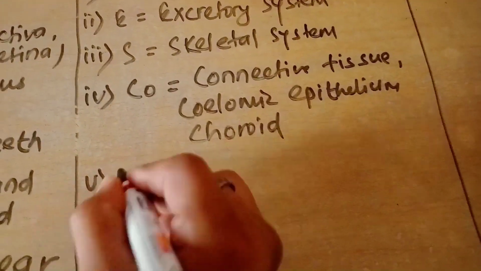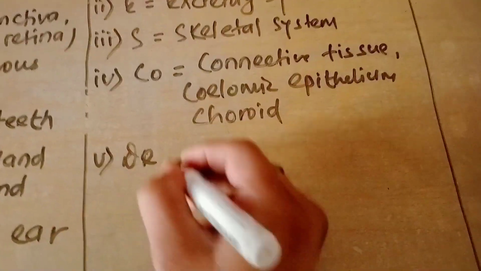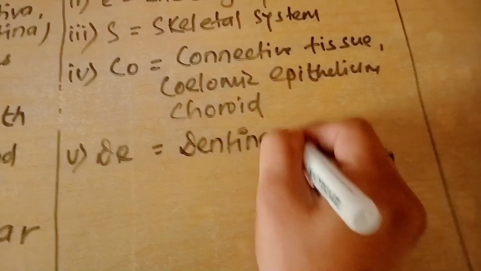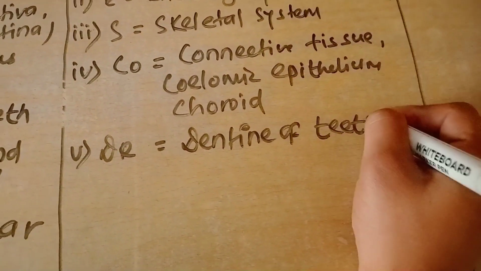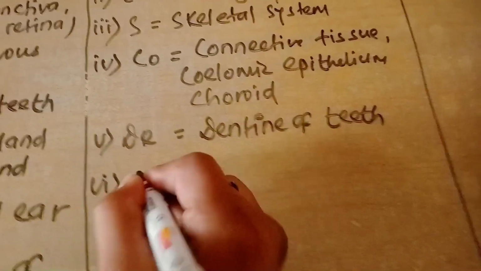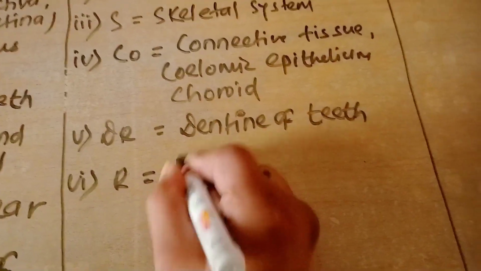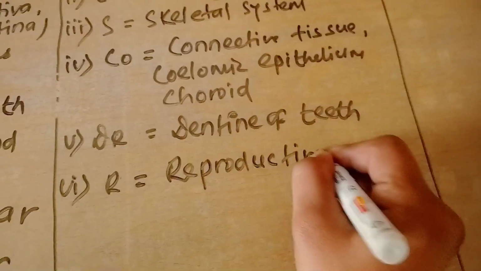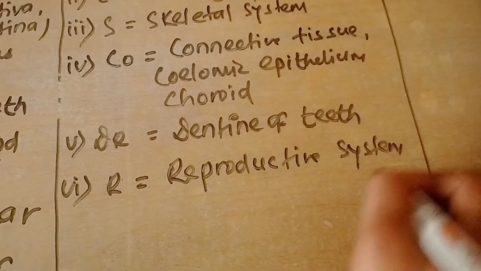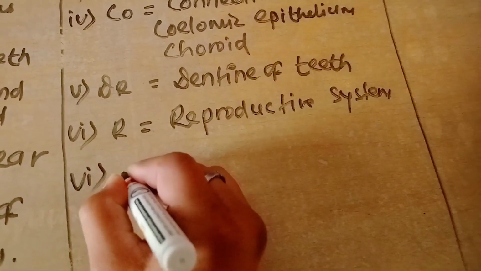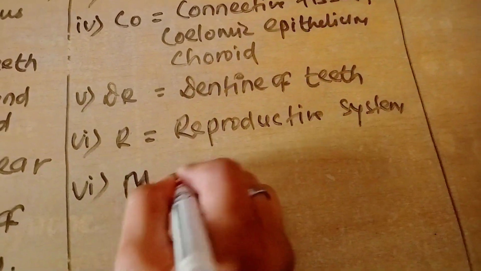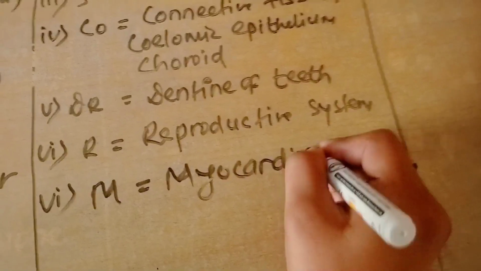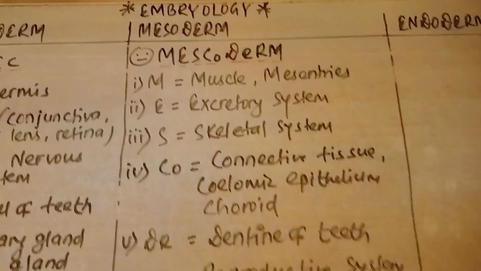And in fifth we have DE. DE means dentine of teeth. And in sixth we have R, so R means reproductive system. And now in seventh we have M, that is myocardium. So this is all about mesoderm.